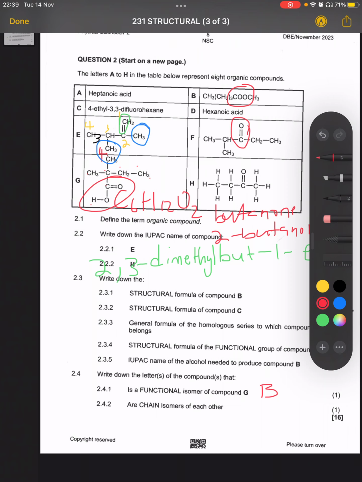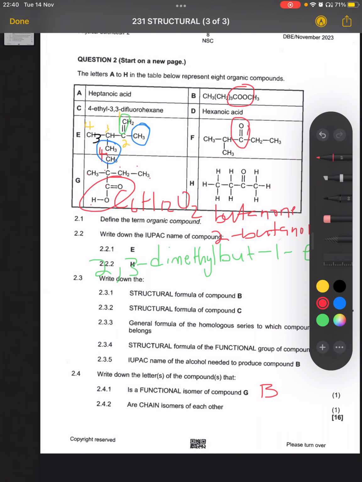And the other one says the ones that are chain isomers. Now you'd have to understand what is a chain isomer. And a chain isomer is defined as per exam guideline as an isomer or a compound with the same molecular formula but different types of chain.